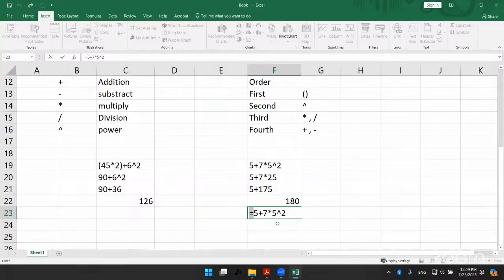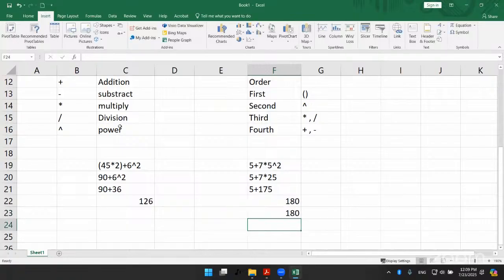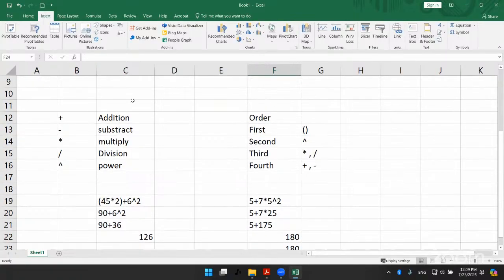Right. Write these things. Write the topic operators and write these things.